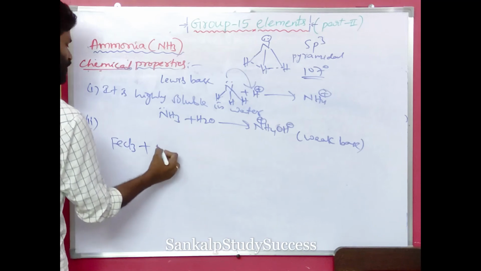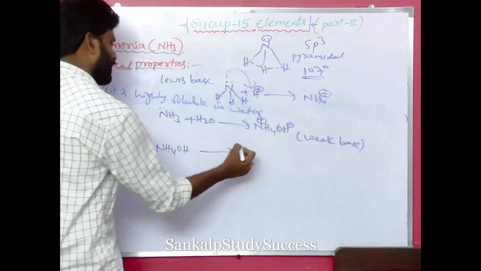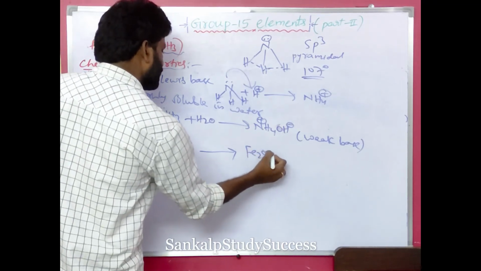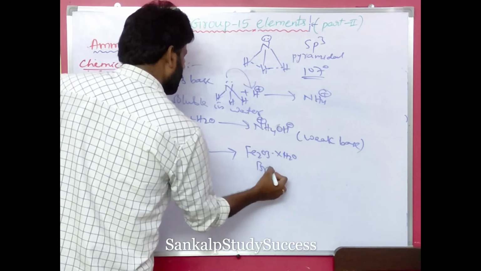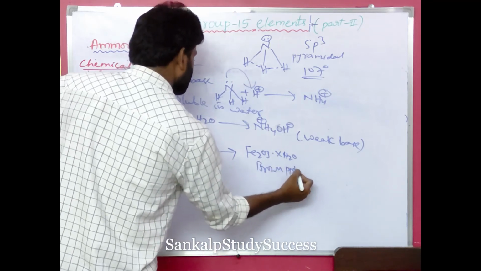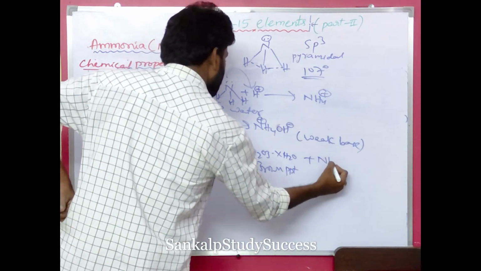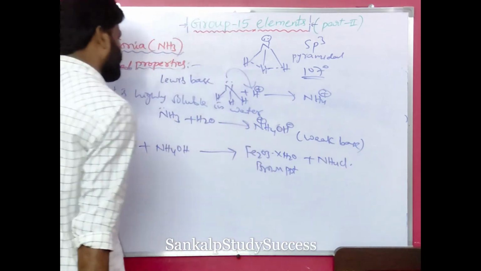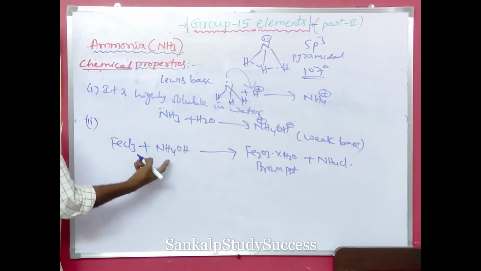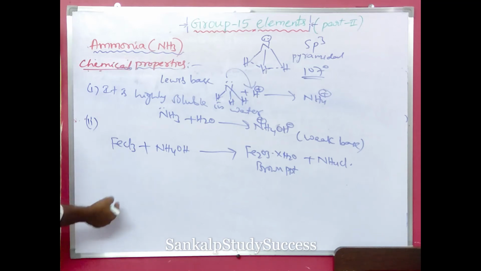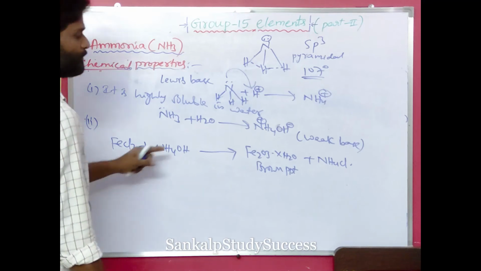FeCl3 treated with ammonium hydroxide solution forms Fe2O3·xH2O, the brown precipitate, and ammonium chloride, NH4Cl, is also obtained.